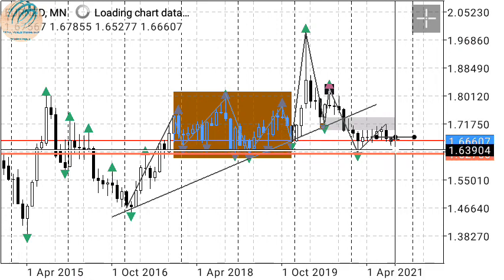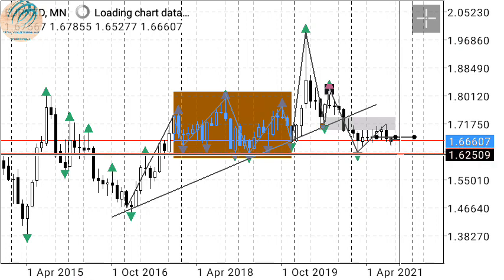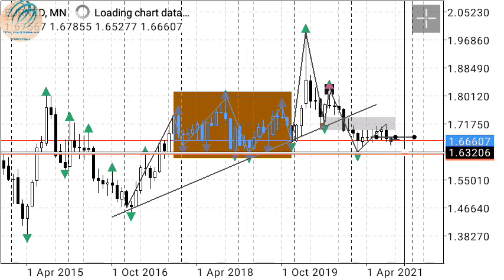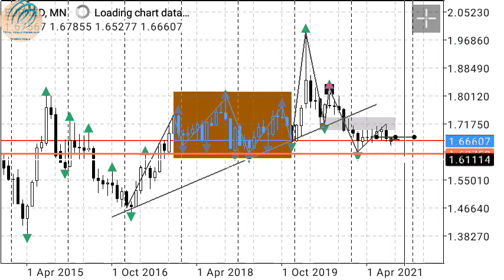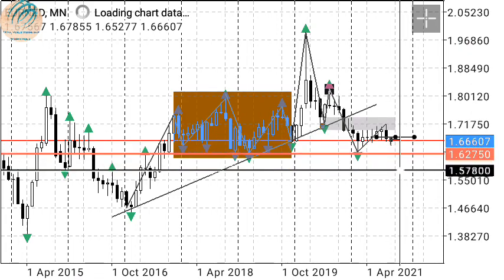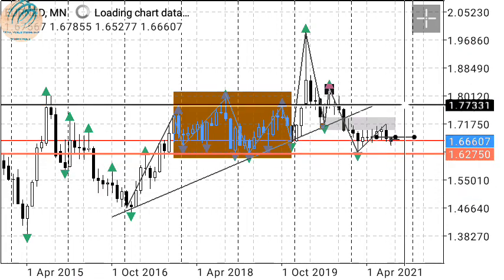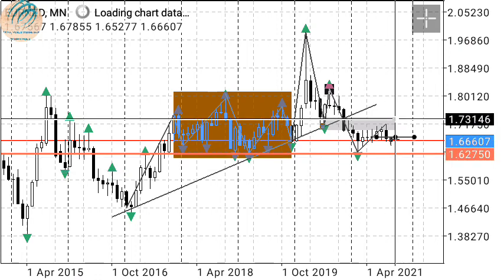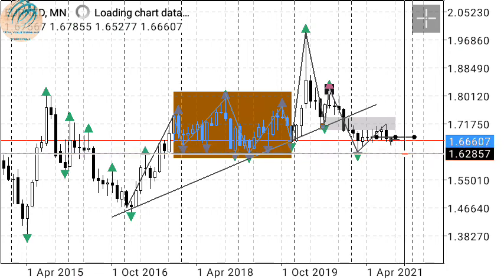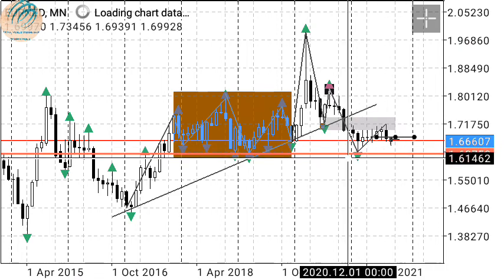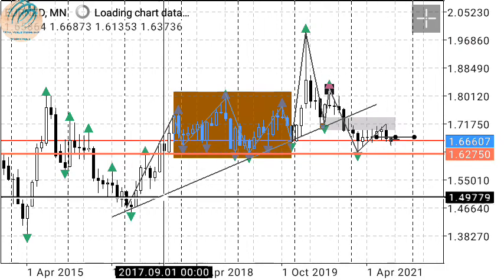So it has to come back to an area of liquidity or support to get more pressure, so that we can see a move up, or we go down.